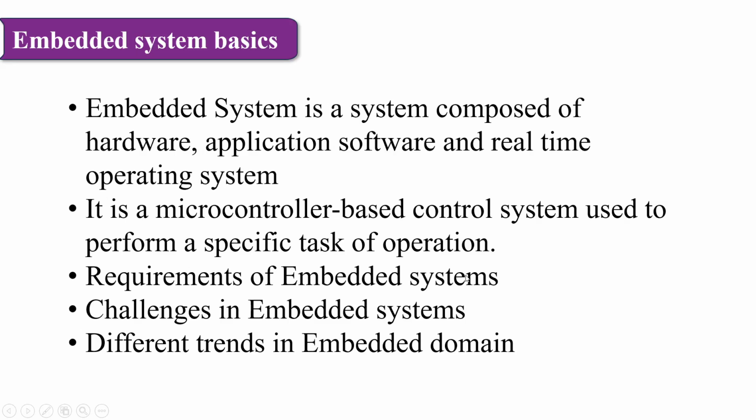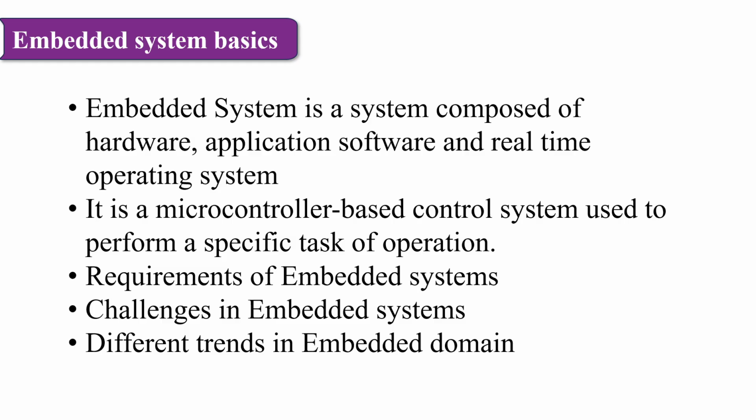So the next slide contains embedded system basics. What is an embedded system? An embedded system is nothing but a combination of hardware and software and a real-time operating system on which we are running. Second, it is a microcontroller based controller system used to perform specific tasks.